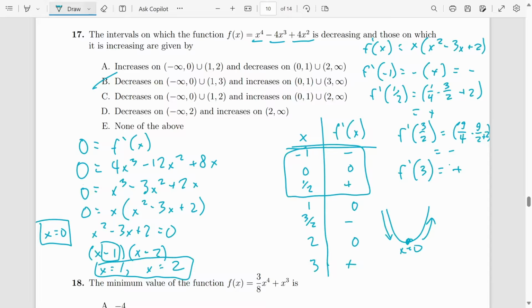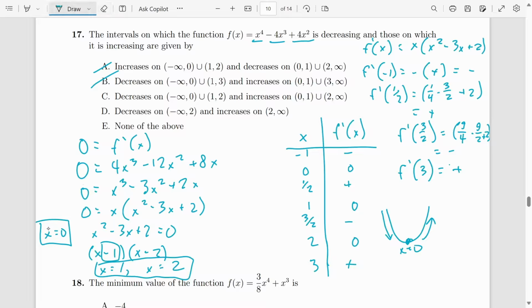So in this case, it's a minimum, so everything on the left is going to be decreasing. So that is the interval from negative infinity to 0. We already ruled out B, so that also rules out A because it says it increases from negative infinity to 0.